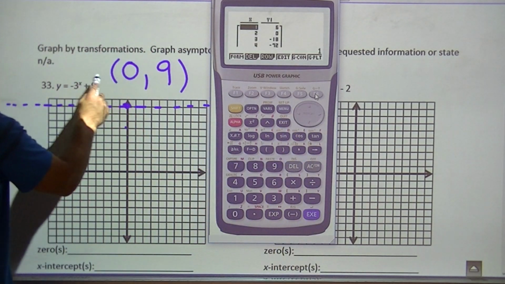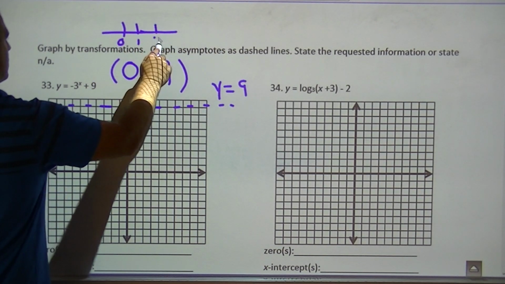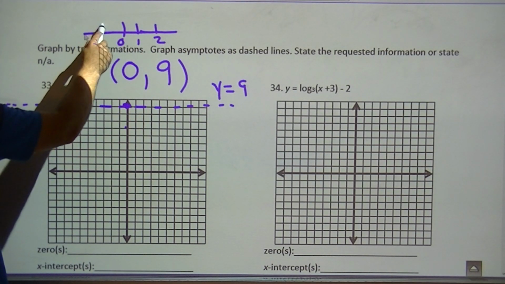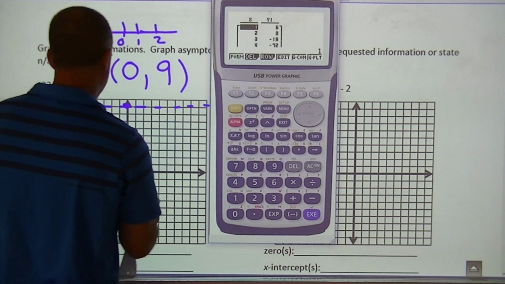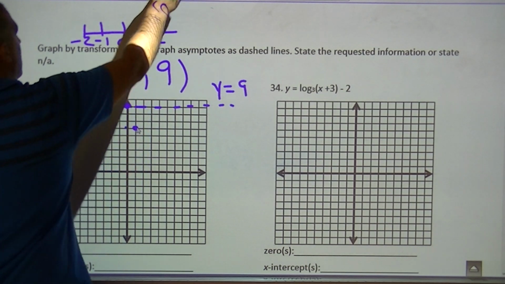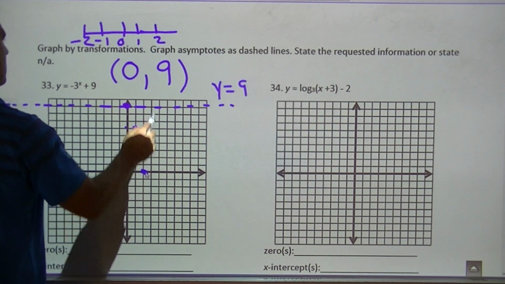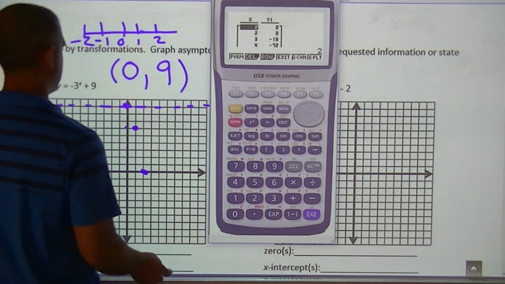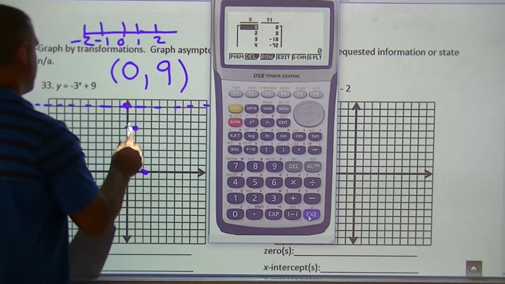Since I'm at 0, I would graph 1 and 2, -1, -2. So I'm going to try 1, which is 1, 6. I'm going to try 2. It's 2, 0. Maybe I should grab 0. 0 would be 0, 8.